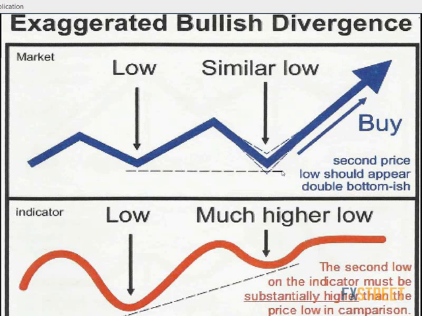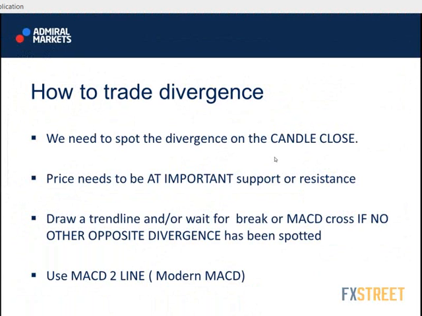Now, those are the types of divergence. Now, how to trade divergence? This is the question that many traders ask. How to trade divergence? So definitely you need to spot the divergence on the candle close, okay? On the candle close. That is the first rule to trade divergence.